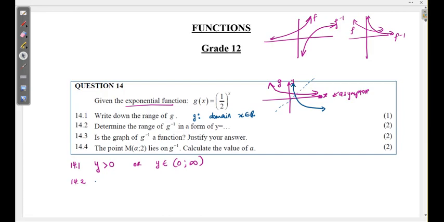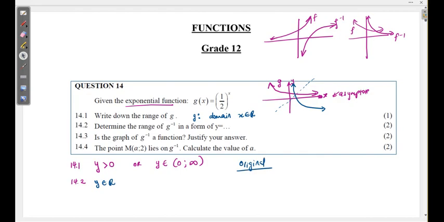Nice stuff. Now the range, what will be the range of the inverse? It means the range of the inverse is going to say y is an element of real numbers, meaning from negative infinity to positive infinity. I always say, if you are looking for the domain or the range of the inverse, just make sure you work on the original.